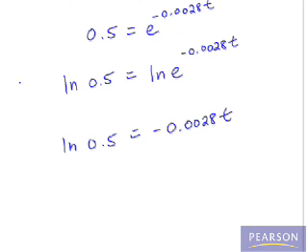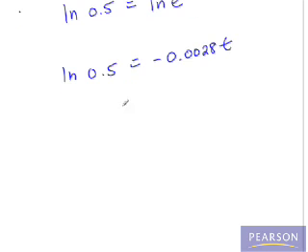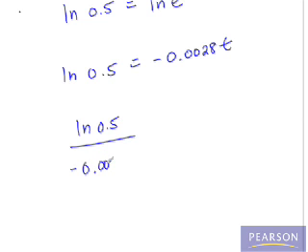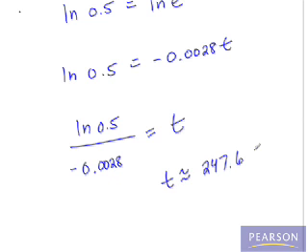Then to solve for t, we'll simply divide both sides by our decimal. So the natural log of 0.5 divided by negative 0.0028 is equal to t. When we number crunch that on our calculator, t is approximately equal to 247.6 days.